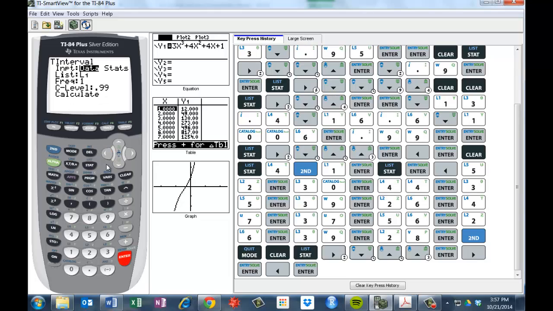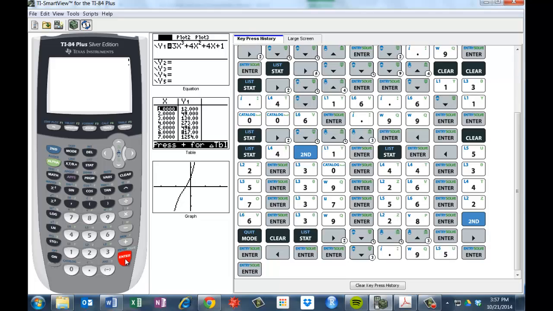Make sure that your list has L1, and the only other thing we have to change, frequency, will always be 1. The confidence level for this is 95. And that's it. Calculate.